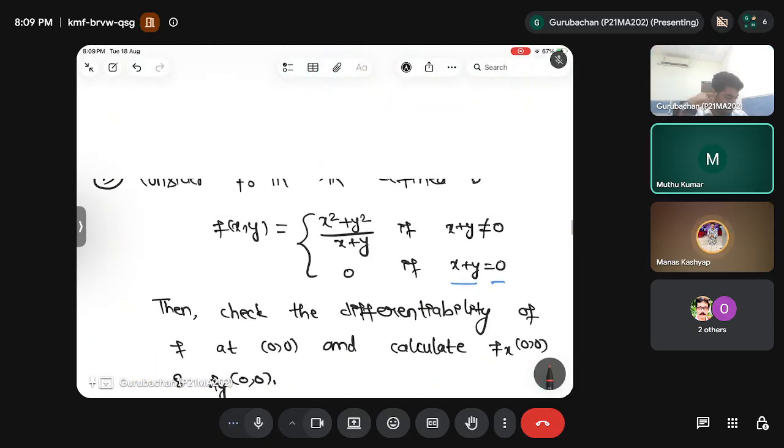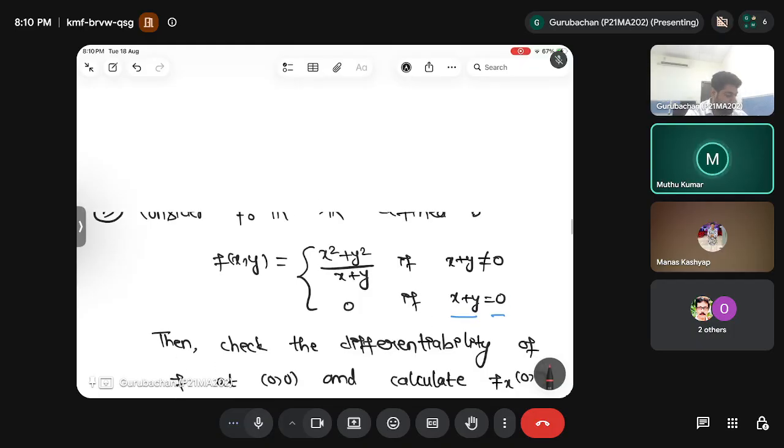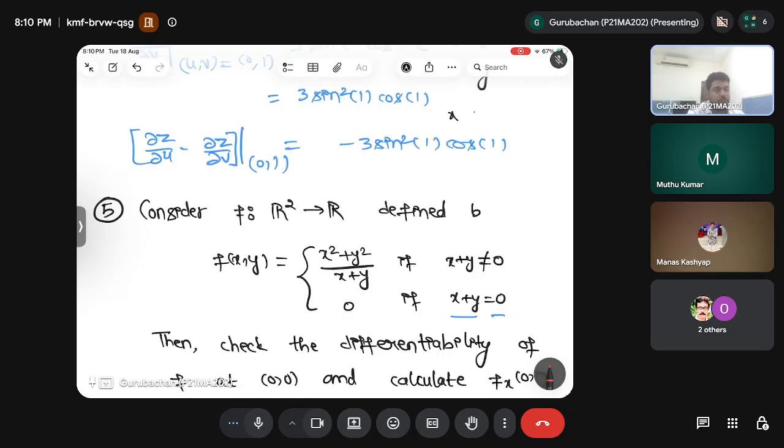In assignment 3 the question number is 6, but here it is question number 5. So I'll make sure you get the updated PDF. I'll update it in the drive.